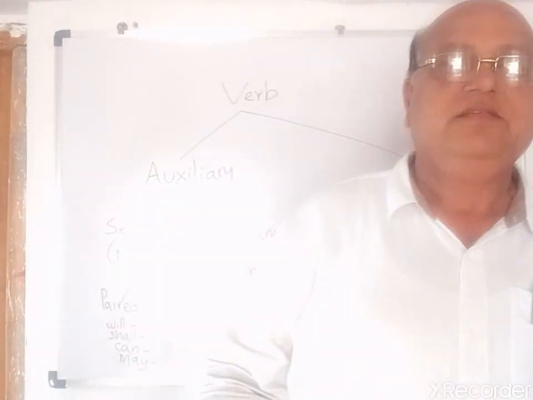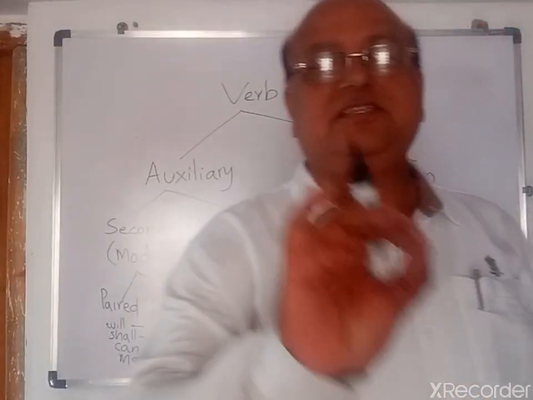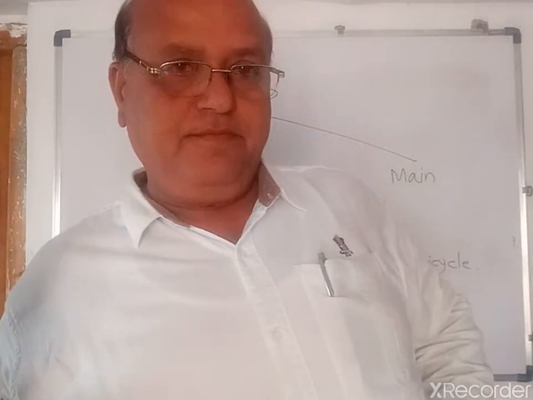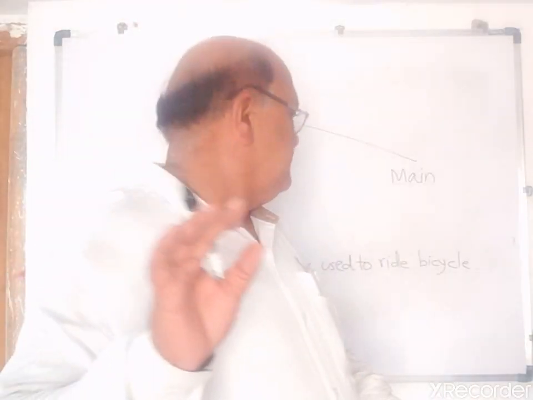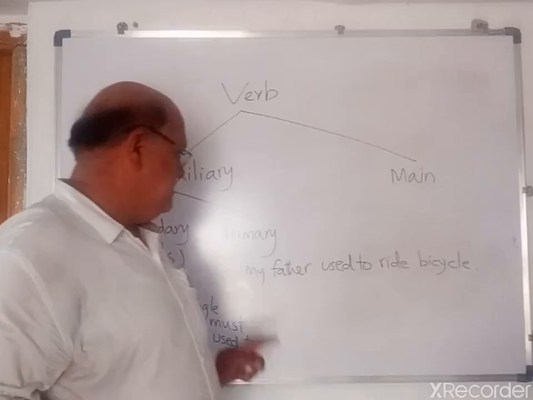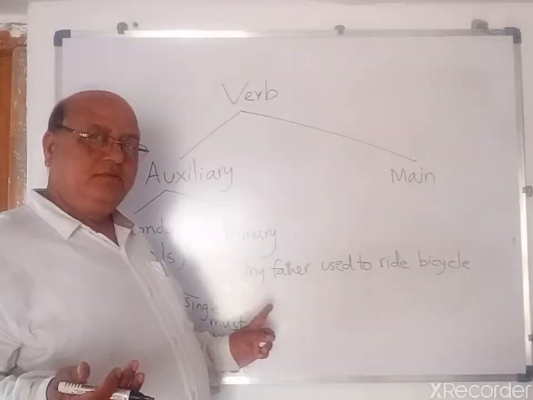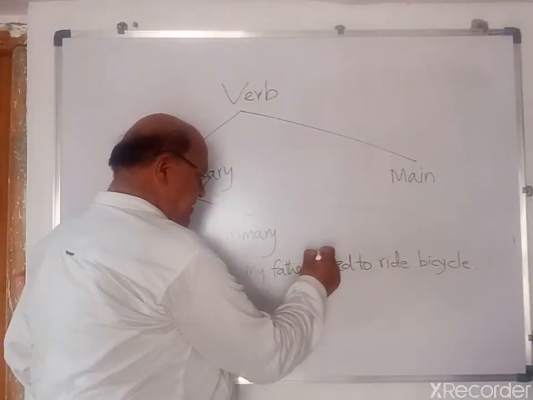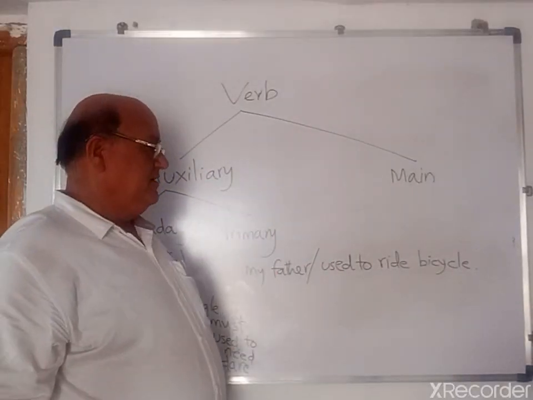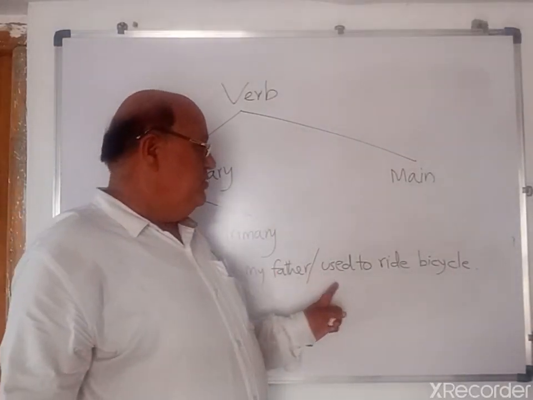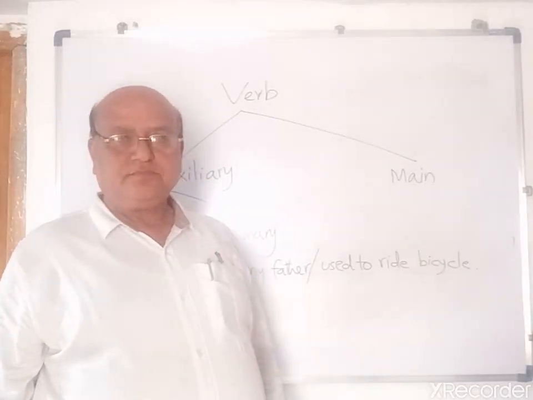Once again, the instruction is change the tense of the verb. Do it part-wise. Again, subject, predicate. Yes, very good. My father is the subject. Then we have used to ride bicycle.